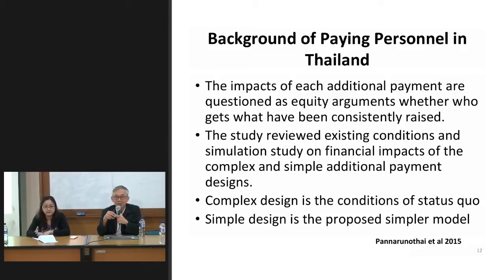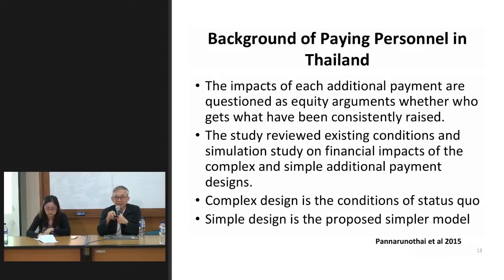So our study was to review the existing condition and to do some simulation study on the financial impact, and we compare whether we want to go ahead with this complex design or we want to have a simple design or a simpler model.